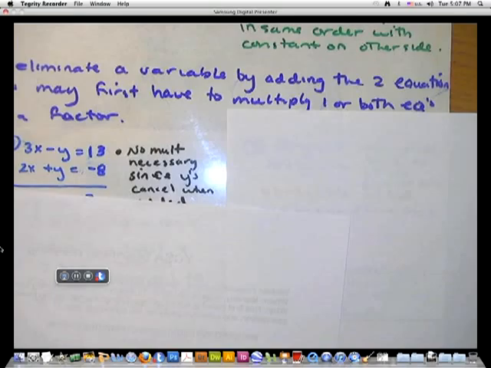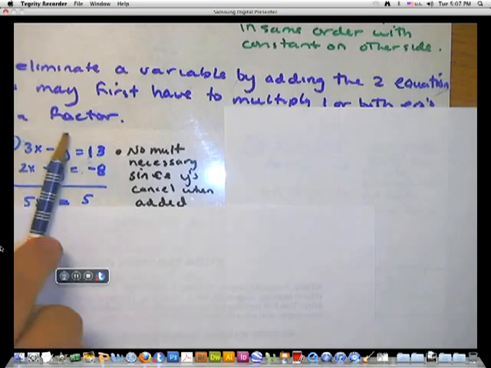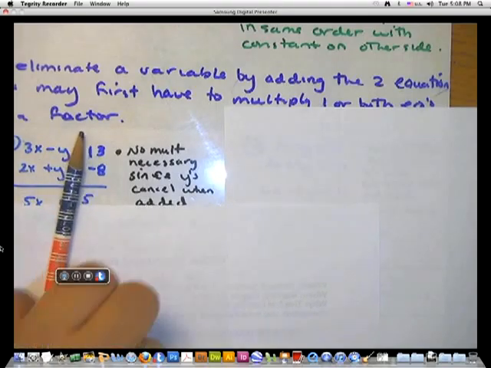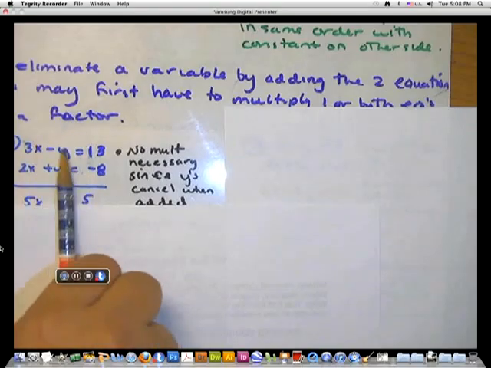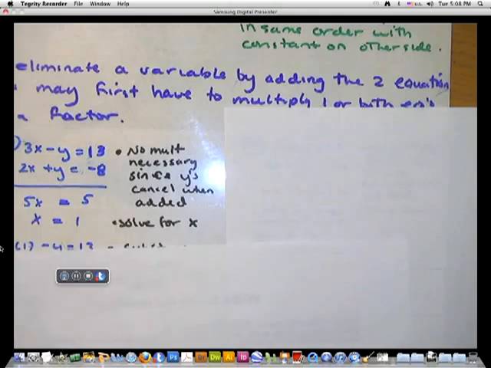So when I add my two equations together, I get 5x is 5, because 13 minus 8 is 5. 3x plus 2x is 5. The minus y plus y eliminate. It goes away. And it has to. If you don't eliminate a letter, then you're not doing the elimination method. At this point, I can solve for x. I should easily be able to get x is 1.